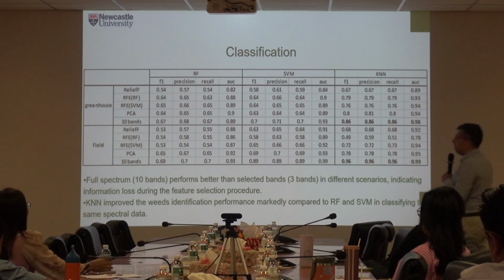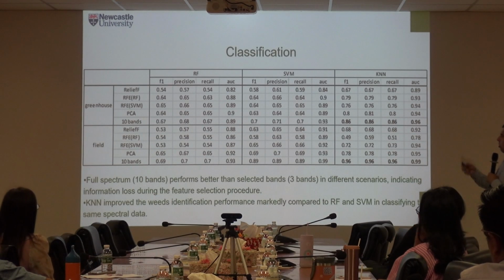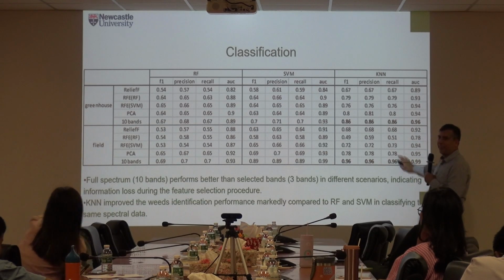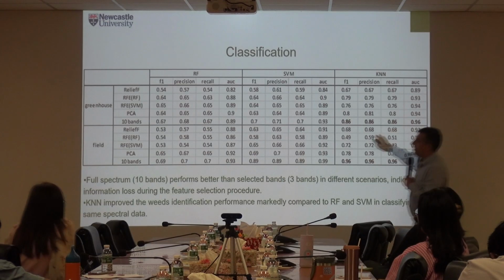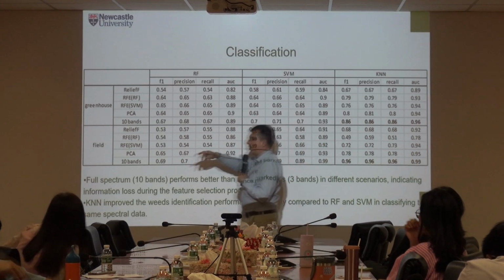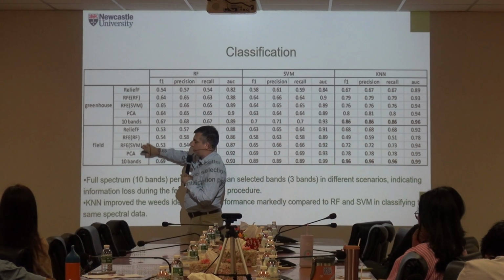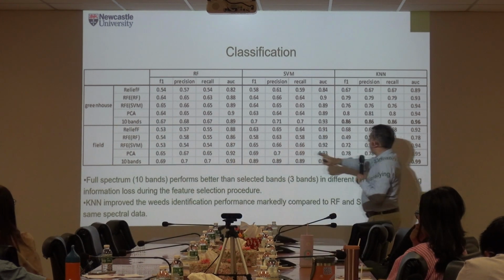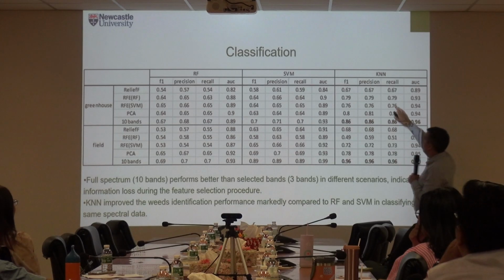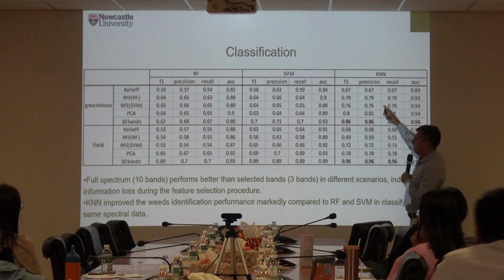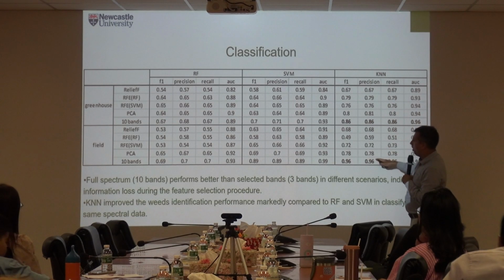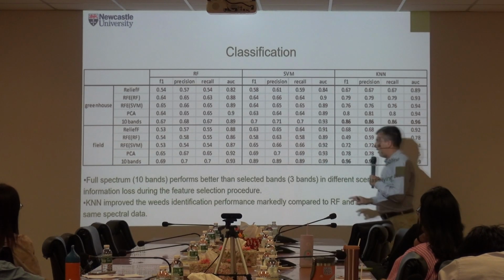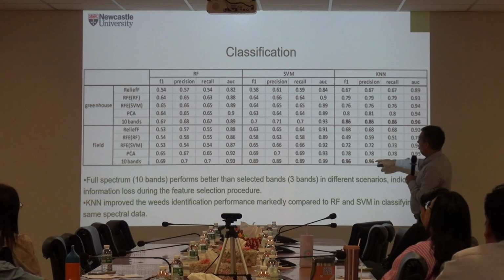Looking at those things, your KNN still gives you quite good accuracies. We use RFE, we use RFPS. You don't need to go into detail, I'm not going to go into detail. But basically, what I'm trying to say is your KNN, or nearest neighbor, approach was the best approach for your classification model, either for your glasshouse or your field.